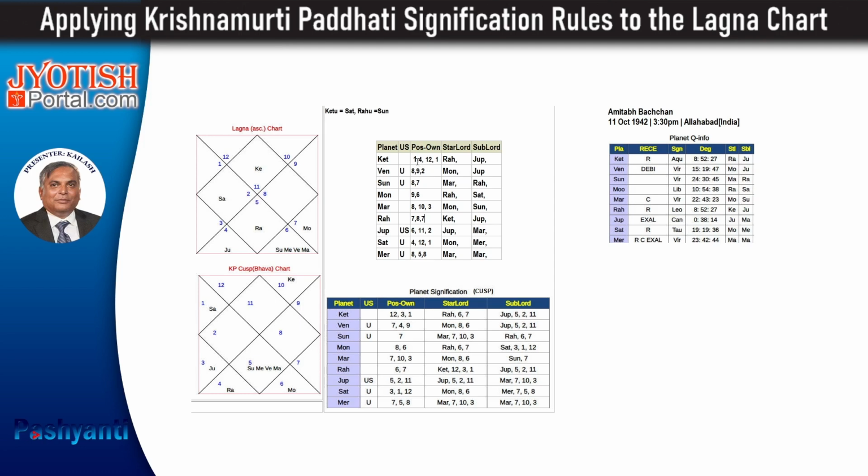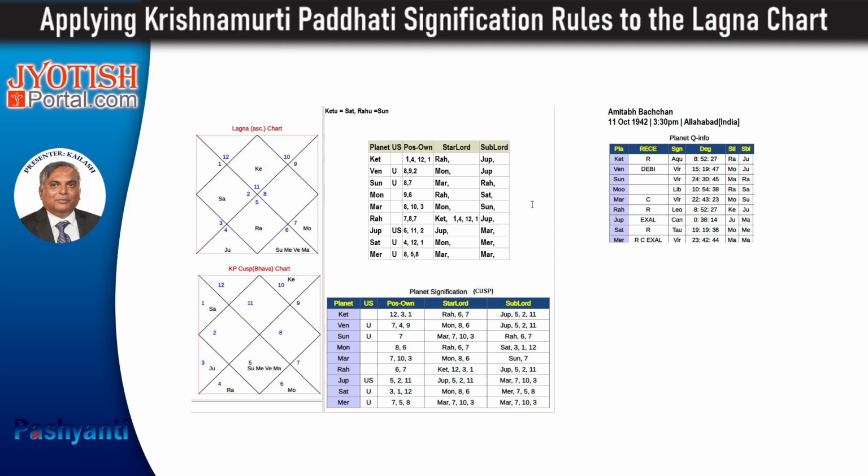Then we are going to copy this value K2 and find out where these values are. K2 is here, so we'll paste here. And then let's go to Venus, and we don't find Venus anywhere.